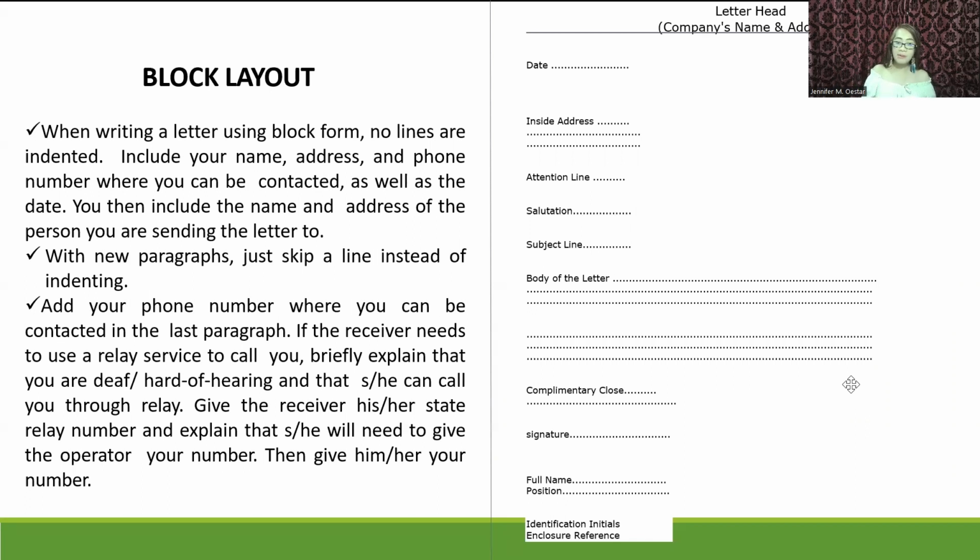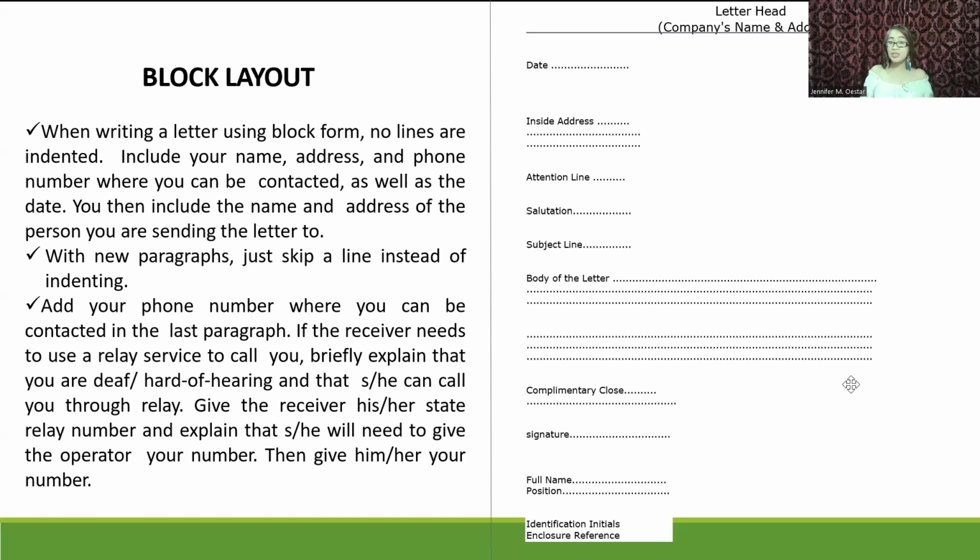With new paragraphs, just skip a line instead of indenting. So if there would be a transition from one paragraph to another, no need to put indentation, but skip the lines. Add your phone number where you can be contacted in the last paragraph. If the receiver needs to use a relay service to call you, briefly explain that you are deaf or hard of hearing and that she can call you through relay.